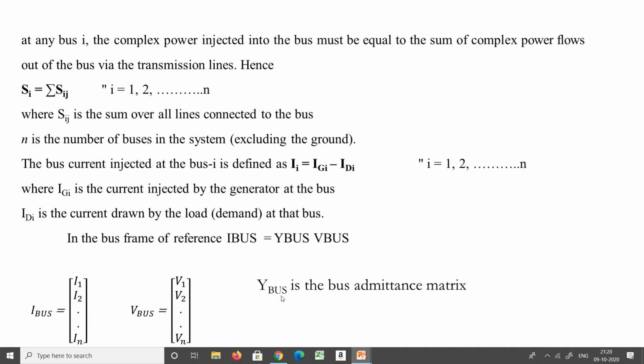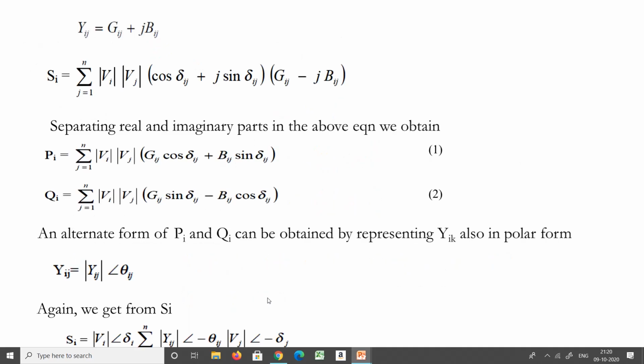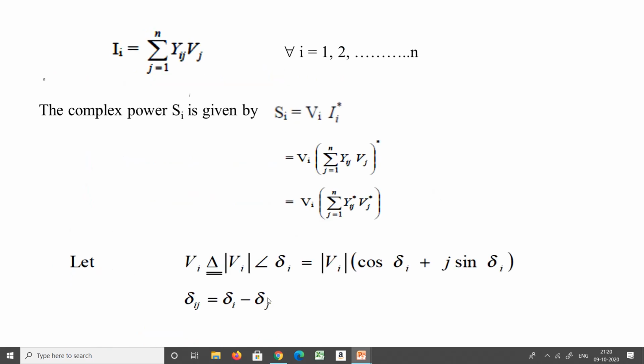So Y bus represents the bus admittance matrix. And here are the formulas to calculate the current: summation of j equal to 1 to n of Yij into Vj, where the value varies from 1 to n.